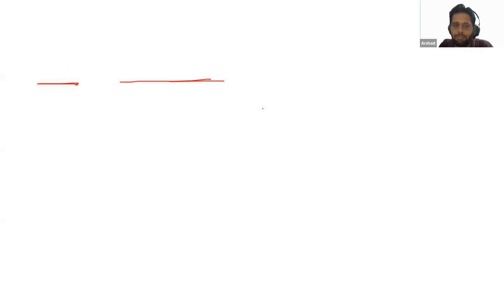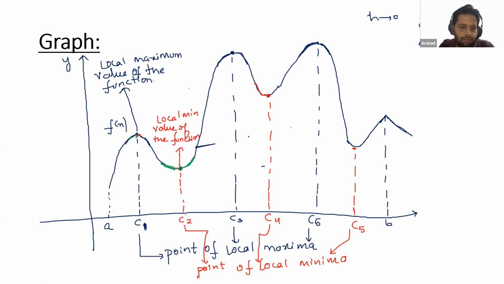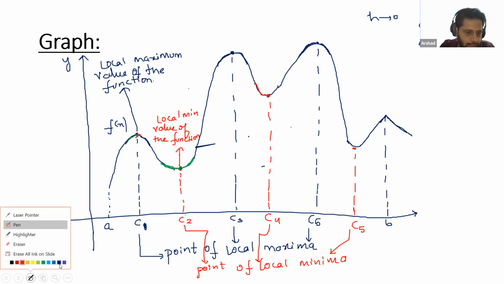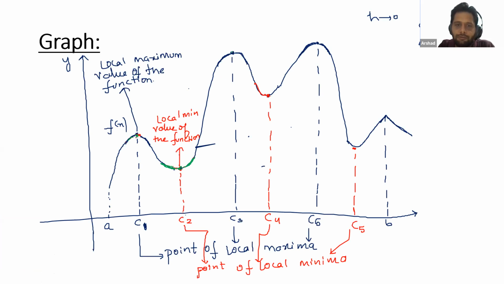Now we will check the previous graph. Please check here. At this point, if we differentiate this function, we have already discussed in increasing and decreasing that f dash x represents the slope of the tangent.